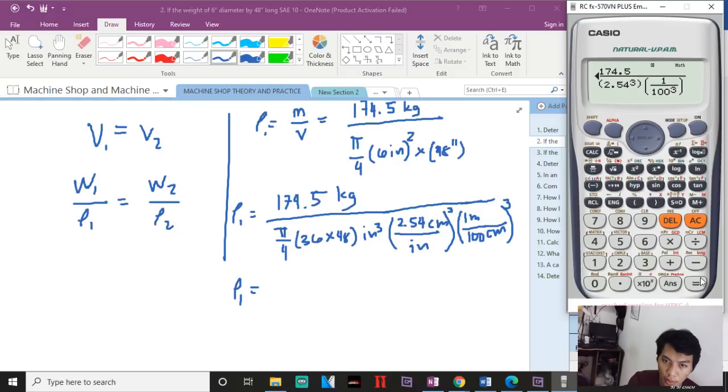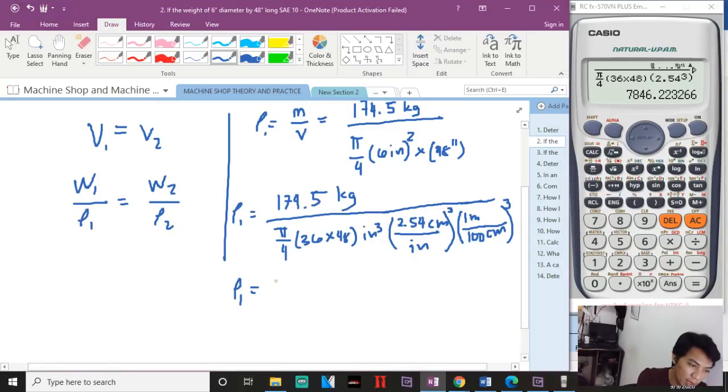Okay. So you have 784. Malapit na sa 7,850. 7,846.2233 kilogram per meter cube. Kaya hanapin natin yung weight naman.